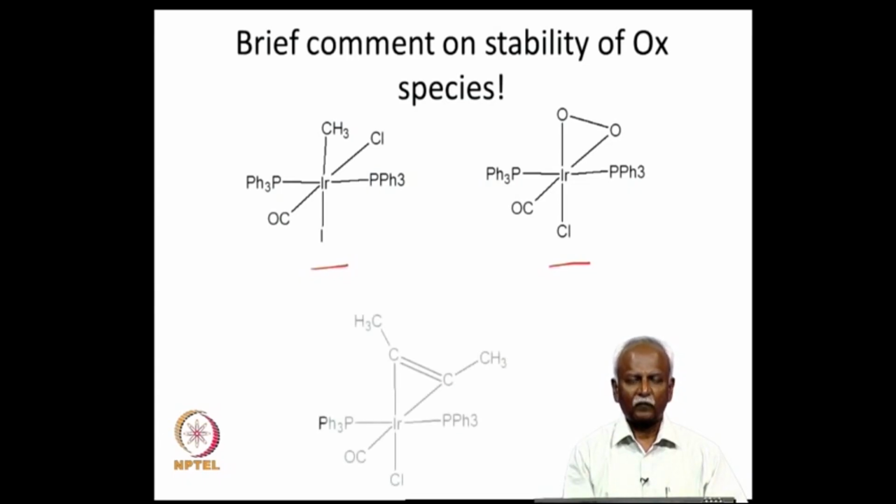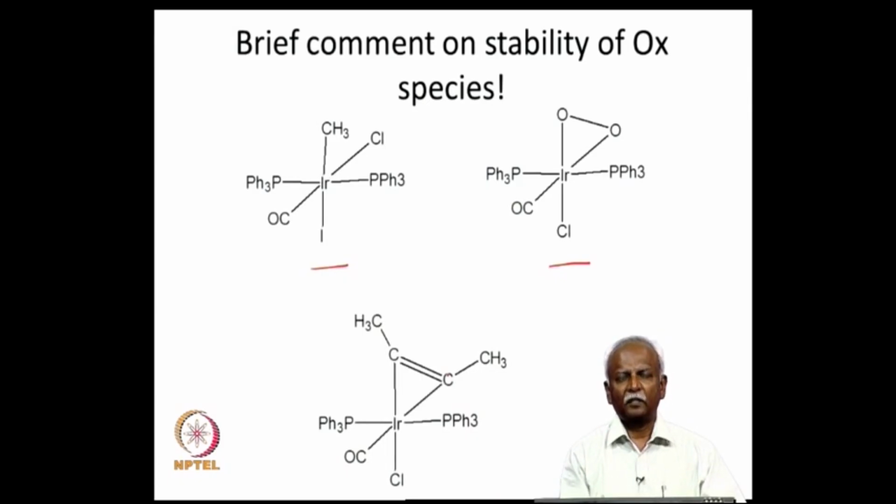fashion. On the other hand, there are species where the group that is adding on is not so electronegative. And so, we have this example here of dimethyl acetylene, which is oxidatively added, and at the end of the reaction, you will notice that iridium is in a formal oxidation state of plus 3, but nevertheless, you will notice that the only electron withdrawing group on the iridium atom is the chlorine ligand.